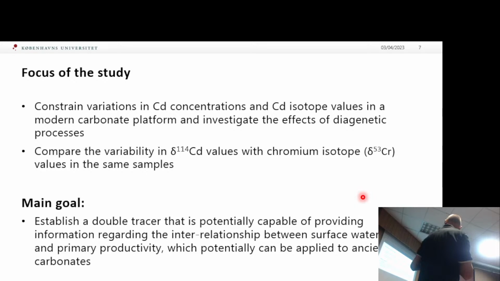And then we want to compare the variability in cadmium isotope values versus chromium isotopes. The main goal was to establish a double tracer that is potentially capable of providing information regarding the interrelationship between surface water redox and primary productivity, which potentially could be applied to ancient carbonates.